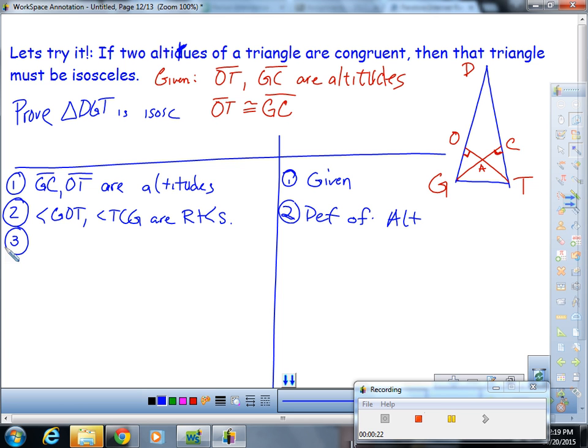So I will just say that OT is congruent to CG, and that's another one of my givens. You could have had all those in one step if you want. I think this might just explain the process a little bit better. And I can say that, well, look, here's what I've got here.